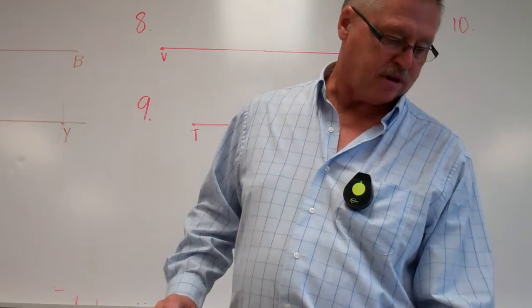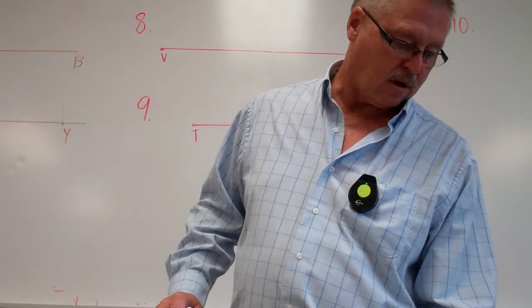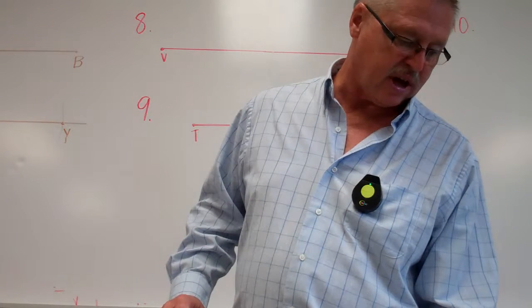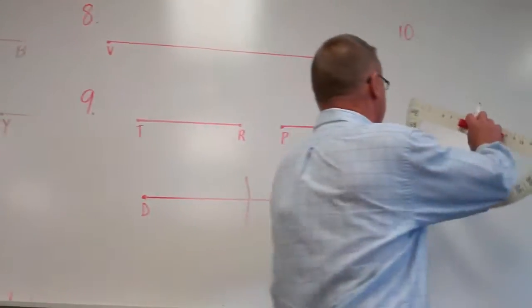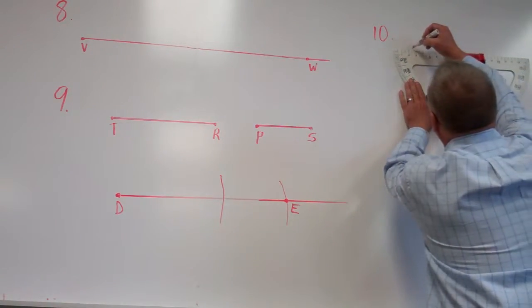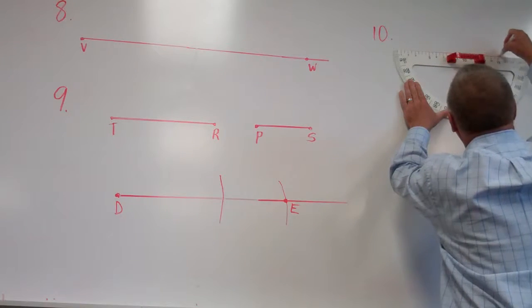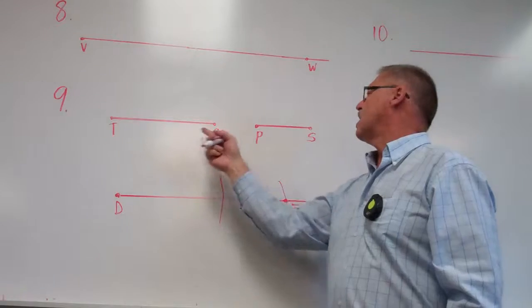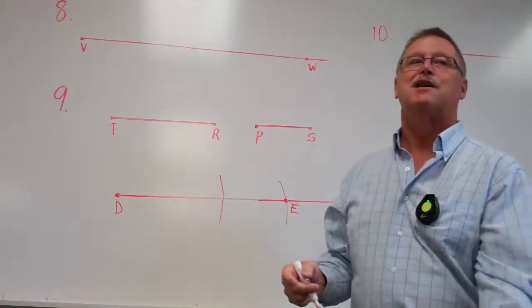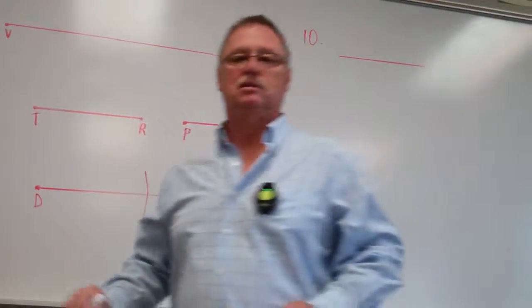Number 10. We need to do a QJ that's TR minus PS. Think about that. Who wants to go on camera with an excellent suggestion for TR minus PS? April.